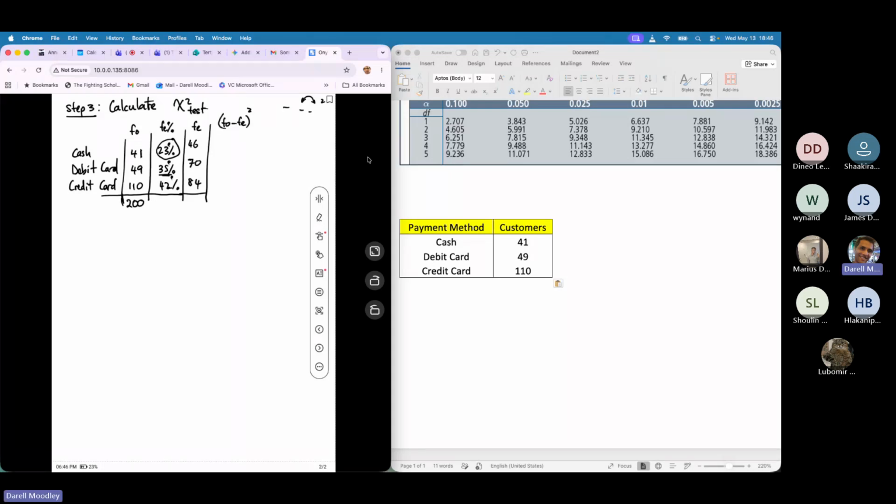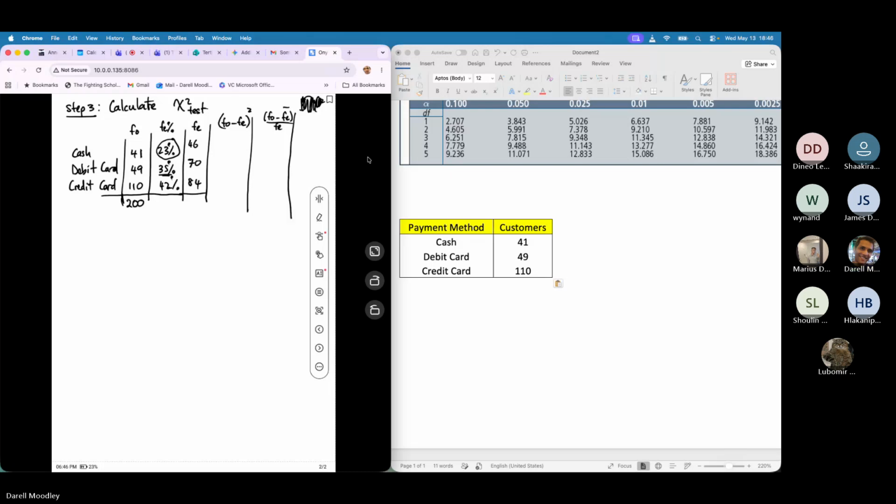All right, and then the last column is going to be F naught minus FE all squared divided by FE. That's my last column. All right, this is your last column.